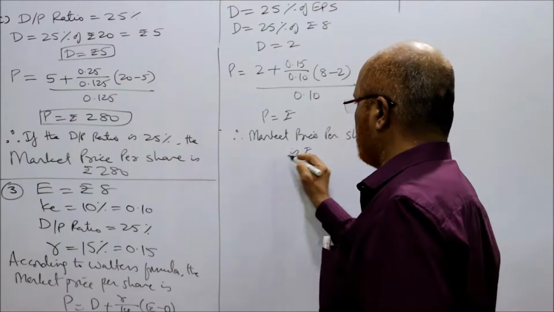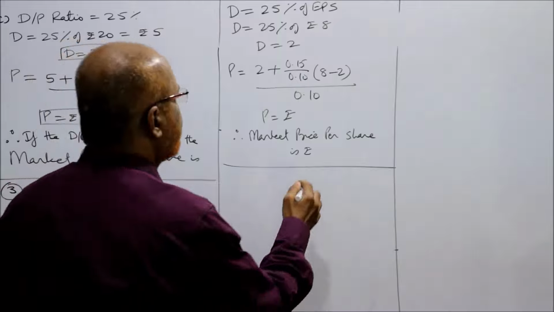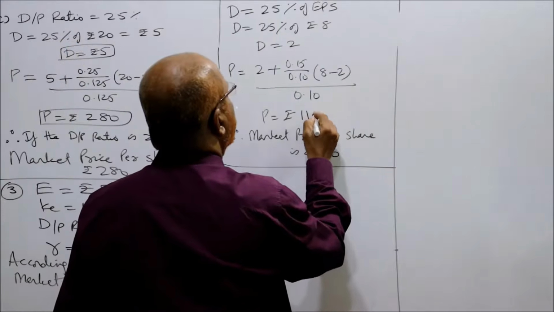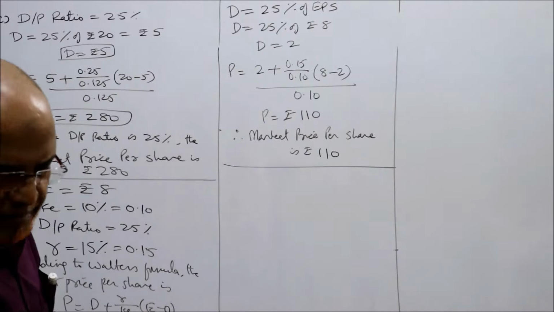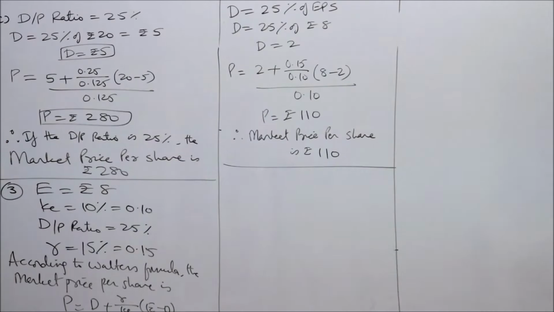Market price per share is rupees 110. That's it. Straightforward problem. So market price per share is 110.